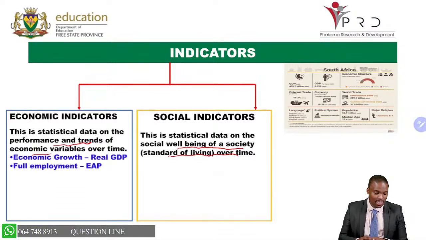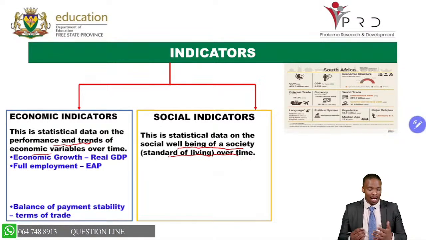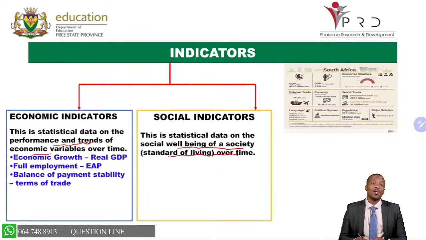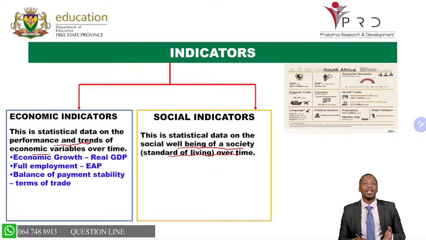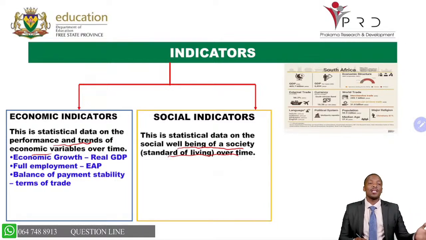Furthermore, we are looking at full employment, where we are looking at the economically active population. Those people who are looking for work, who are able to work, can find employment, and those who are actively looking for employment between the ages of 15 and 64 in South Africa. Then also we look at trade internationally, where we measure exports and imports.